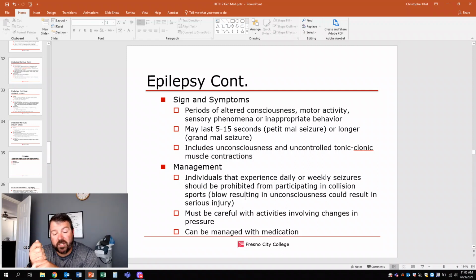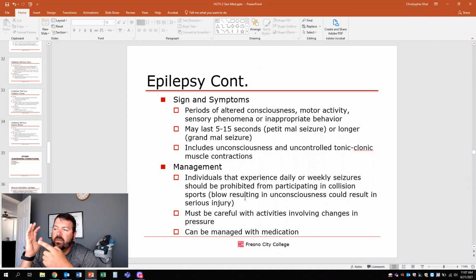So what we can do is keep everyone out of the area. If it happened in a classroom, get everyone out. You know what, we're going to move class outside. Just keep it to the key individuals. I wouldn't move them per se, but try to make it more private, for just the people that need to be there.